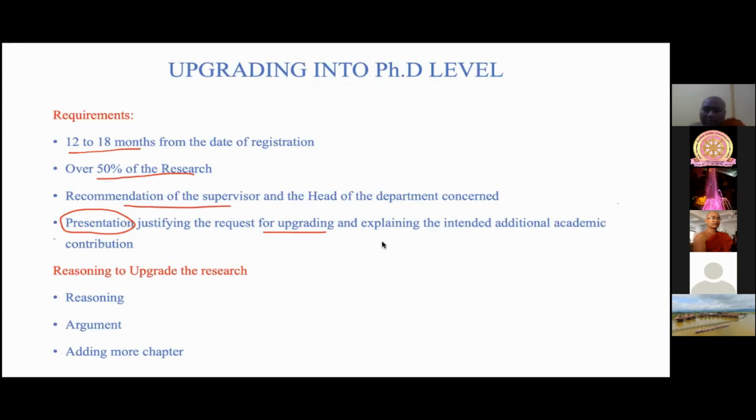So you have to find another solid reason to upgrade your research into PhD level. Usually students say, my research is deeper than I expected and I want to add one more chapter. They don't want to accept such a reason anymore. When we gave such a reason, they were smiling, I noticed. But sometimes, even though they know, they accept it.